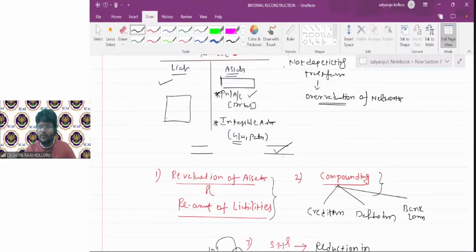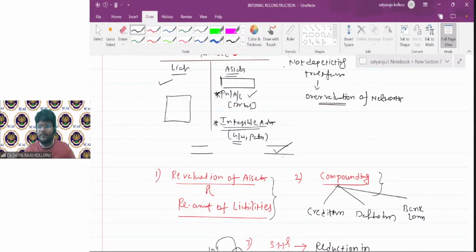It will also set off unrepresented intangible assets. Even though intangible assets are shown in the balance sheet, those are not real intangible assets. Those are unrepresented intangible assets. We utilize the profits from internal reconstruction to set off the P&L account debit balance and unrepresented intangible assets, etc.